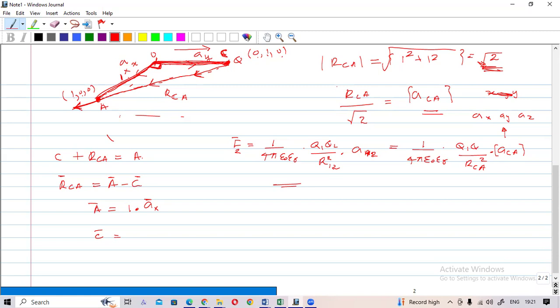What is the length from here to here? Actually, we are considering the length, not the distance. Because distance has the direction, but length doesn't have a direction. So this length, what is this length?